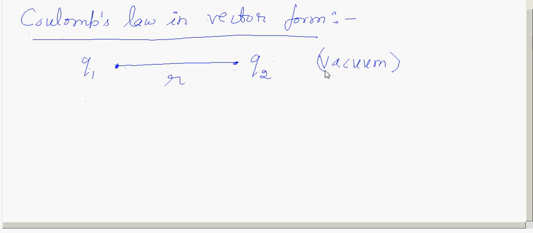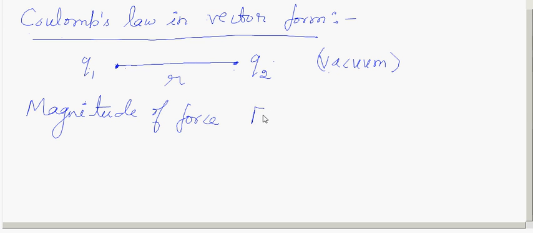So the magnitude of force is given by Coulomb's law. Just now we have seen the equation: 1 by 4 pi epsilon naught into q1 q2 divided by r square.